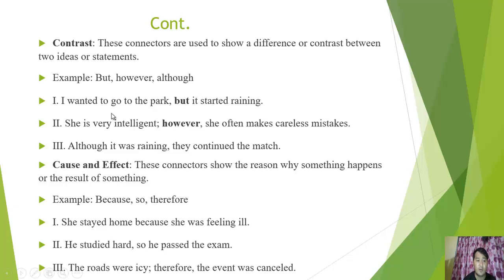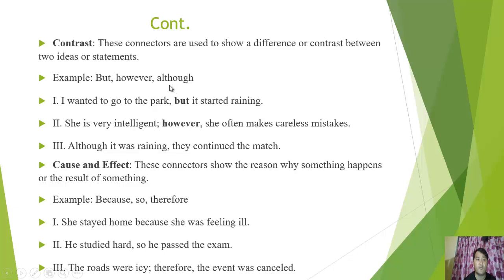And next, however. Let us see how however is used in a sentence. She is very intelligent, however she often makes careless mistakes. Intelligent and makes careless mistakes, these are two contrast ideas, and however helps you join these two different ideas. She is very intelligent, however she often makes careless mistakes. The next is, let us see how although is used.